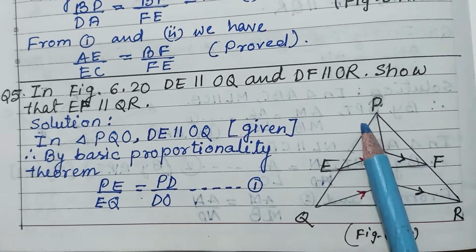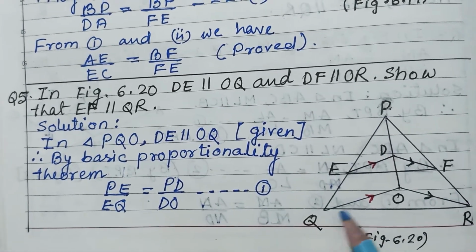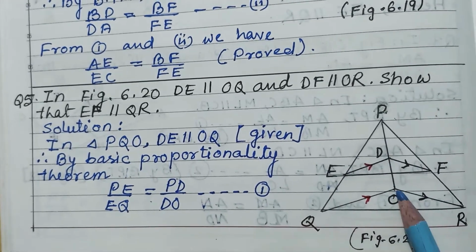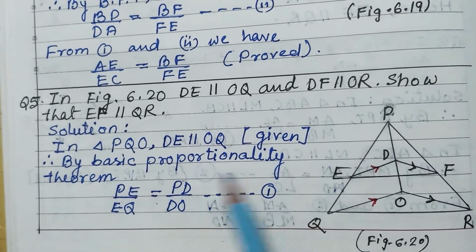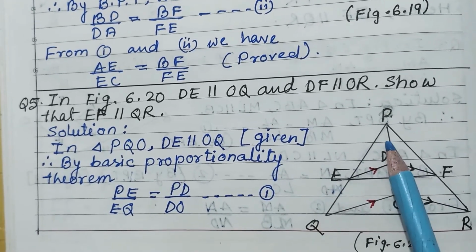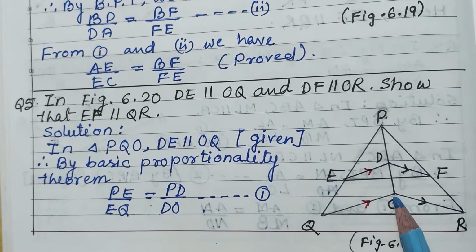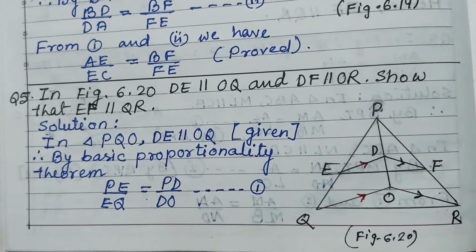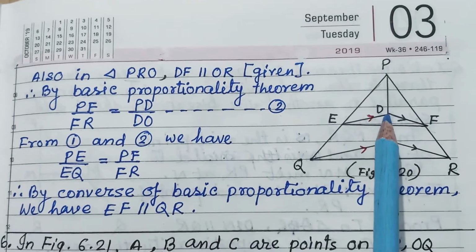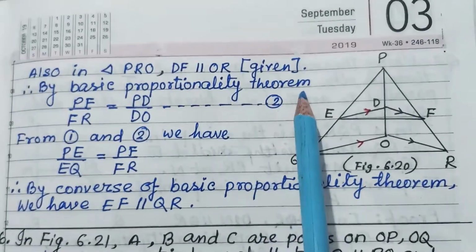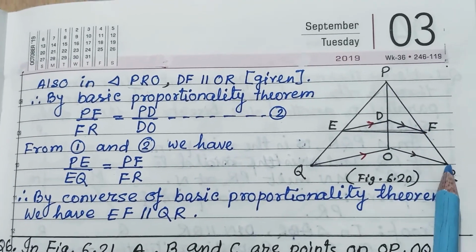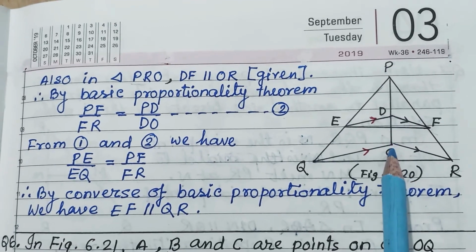In triangle PQO, DE is parallel to OQ, and by basic proportionality theorem, PE upon EQ is equal to PD upon DO. It is the first relation. And from the right hand side, check it. In triangle PRO, by basic proportionality theorem, PF upon FR is equal to PD upon DO.